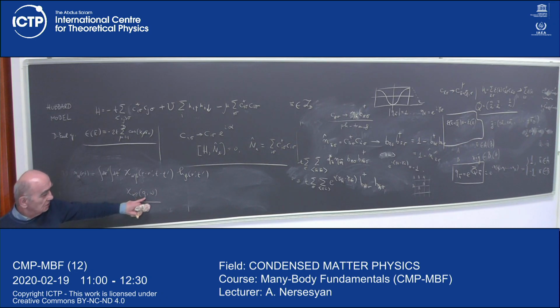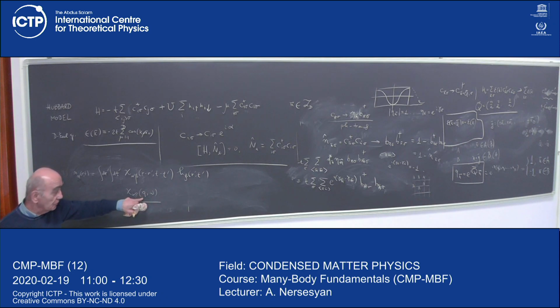This depends on q, depends on omega. If I set q equal to 0, that would mean I'm looking at the uniform response on the uniform magnetic field. If I do the same with omega, if I set omega equals 0, that means that the magnetic field perturbation is static.